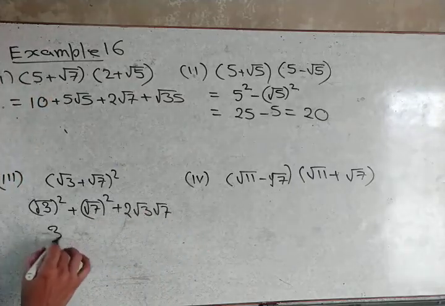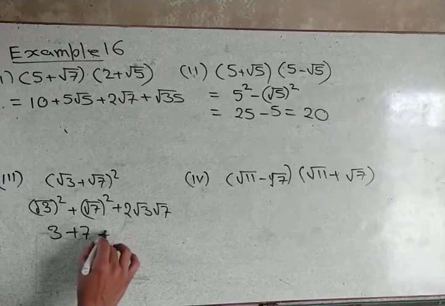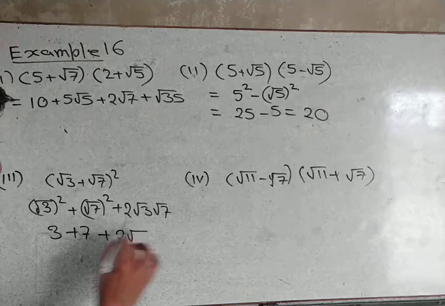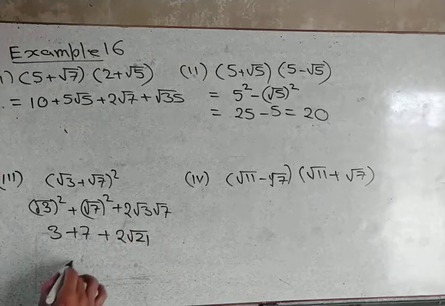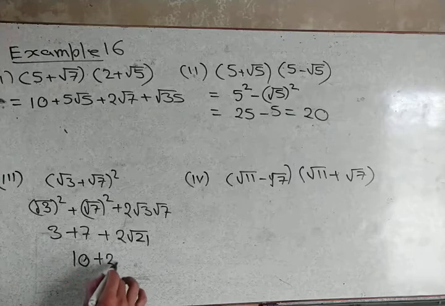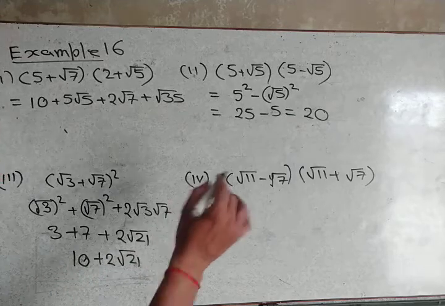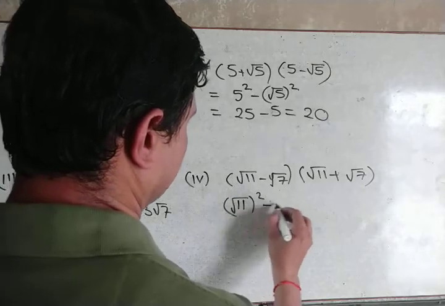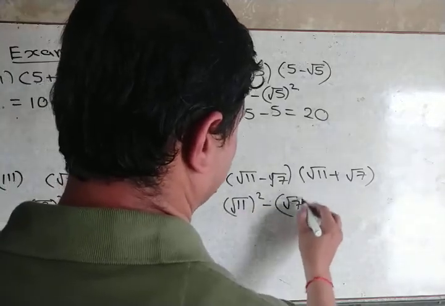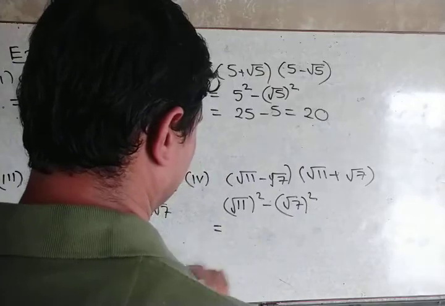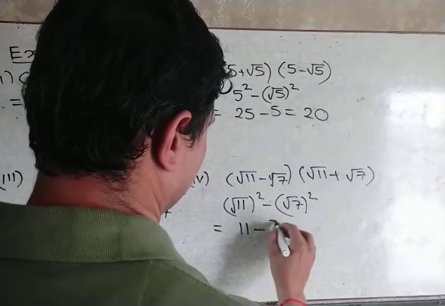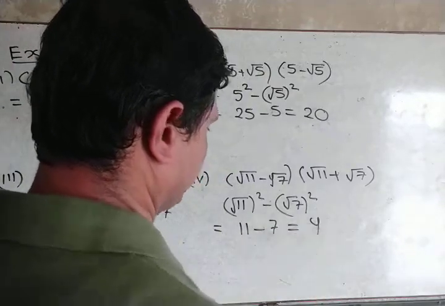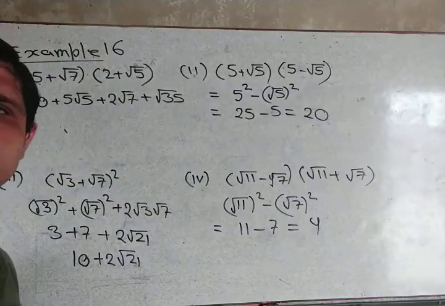What will be the answer? 3 plus 7 plus 2 root 21, and the answer is 10 plus 2 root 21. For this, again 11 square. Although we are taking time here, please pause the video and note it down.